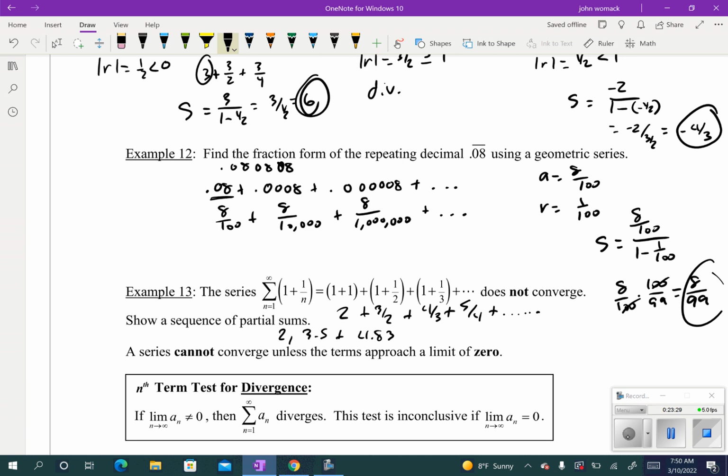If I add up the first 4 terms, you can grab a calculator and plug that in, it comes out to be 6.083. So even though each term is getting smaller, when I add up the sum of the terms, it is not converging. So a series cannot converge unless its terms approach 0.